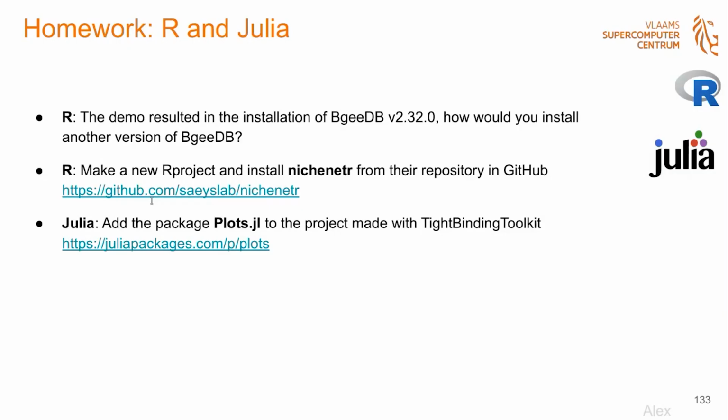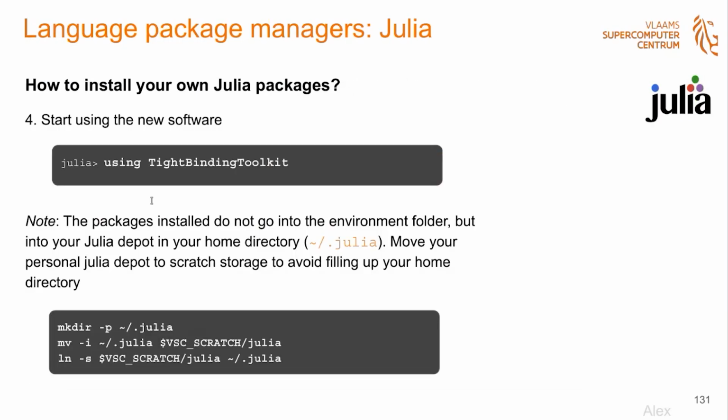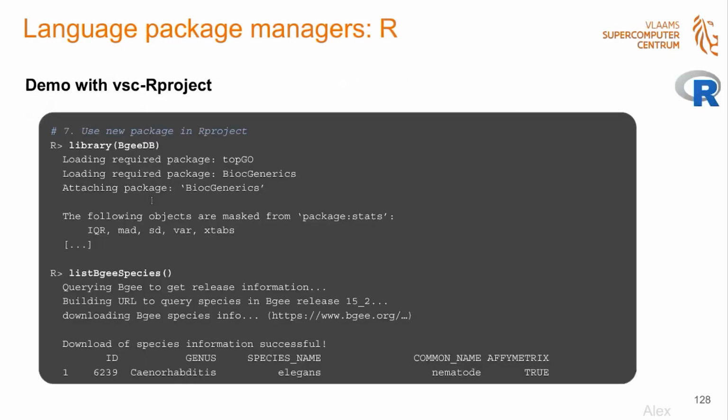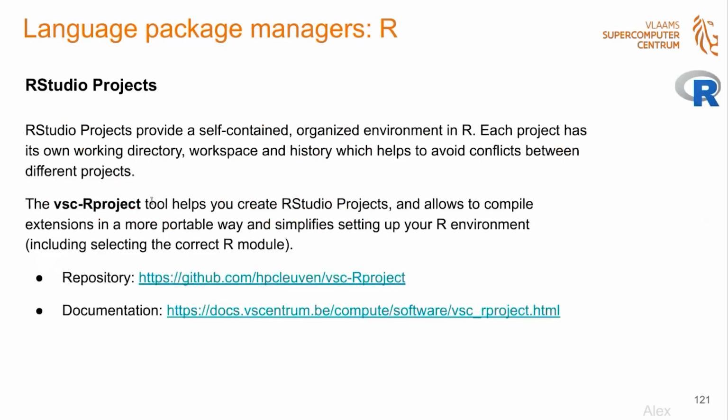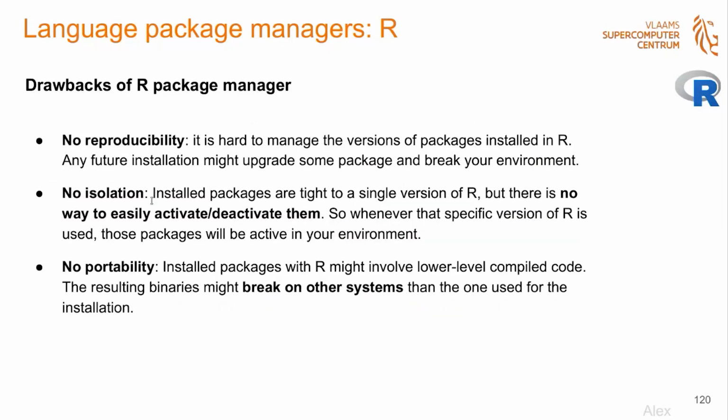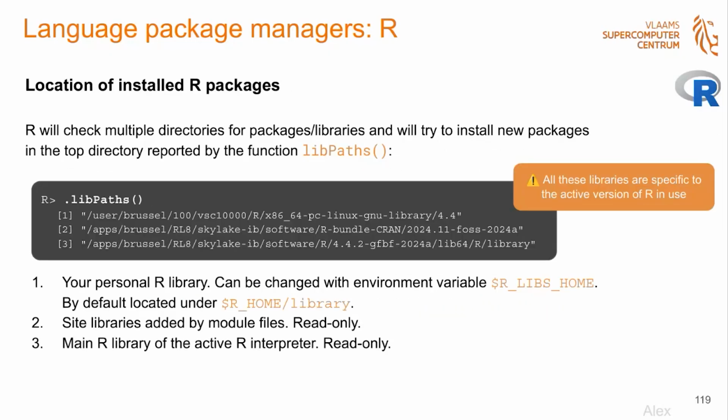Yes, so, manipulating R libs is not really a good way to do that change. If instead of using R projects you want to manipulate the libs, you should use the R libs home.